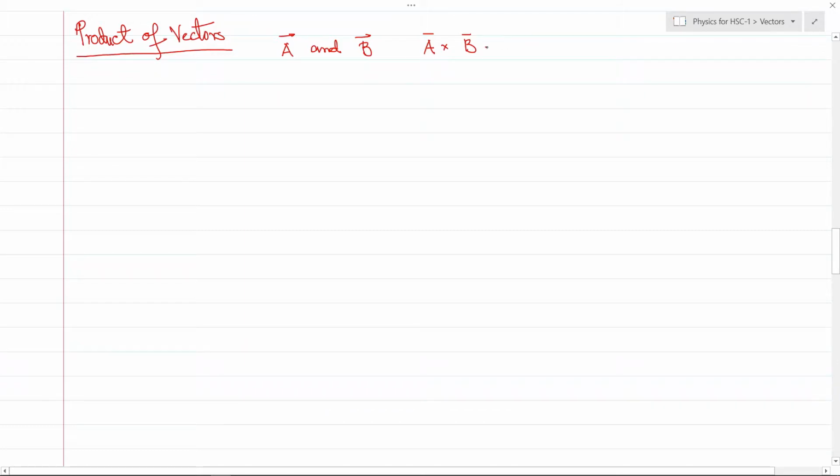Possible results are either the resultant will be a vector quantity or it may be a scalar quantity. It depends on the situation.